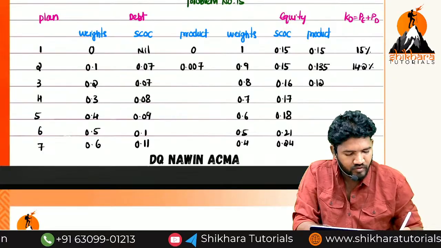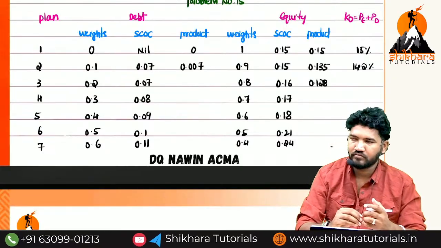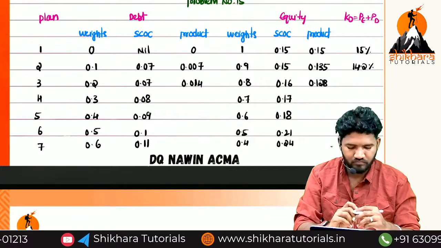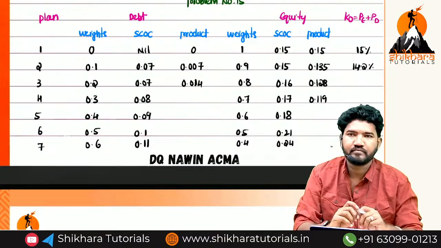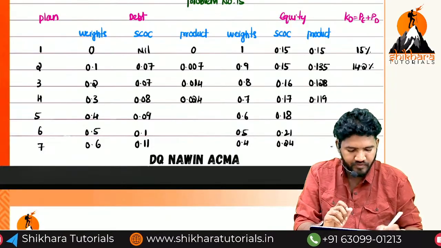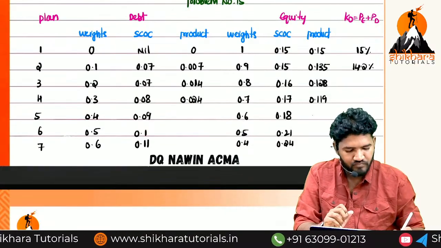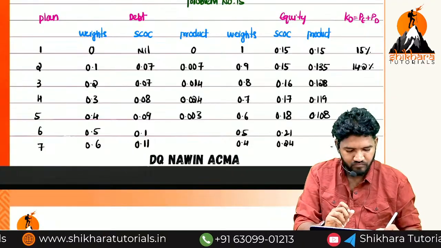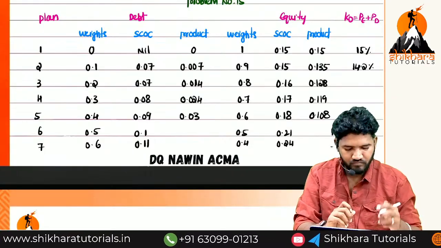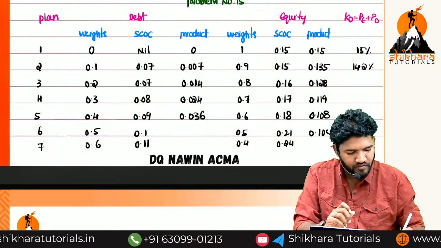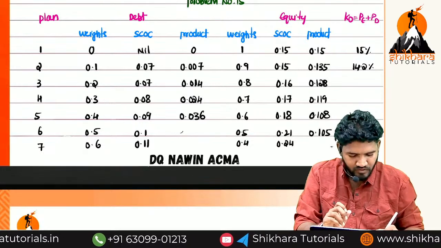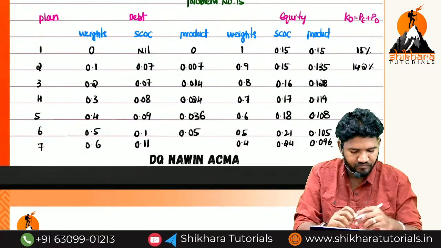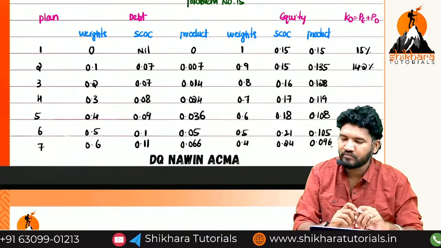Equity 0.128. 0, 0.0114, 0.119, 0.024, 0.108, 0.003, 0.03, 0.105, 0.05, 0.096, 0.066. KO, please.